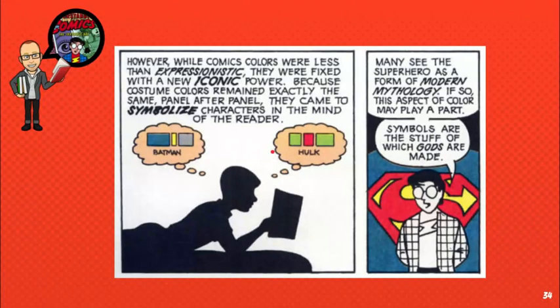When you think of the Hulk, you think of green, maybe this purplish, magenta, pinkish color, and other forms of green. Many see the superhero as a form of modern mythology. If so, this aspect of color may play a part. Symbols are the stuff of which gods are made.